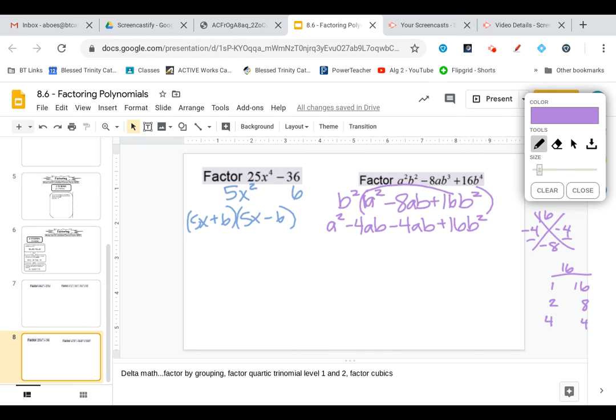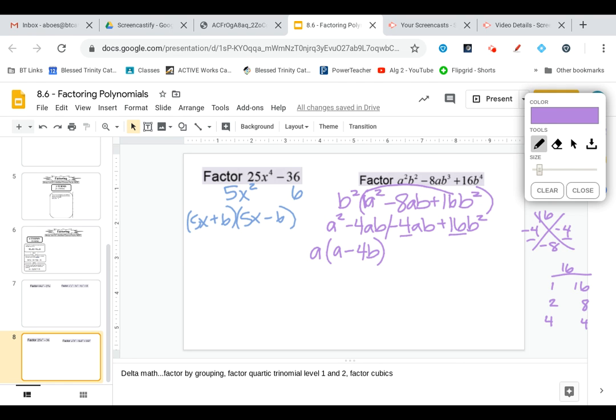Okay, and now factor by grouping. What can go into a squared and minus 4ab? Well, that would be a, and that would leave me with a minus 4b in my first term. And then I go to my second one. What can go into negative 4ab plus 16b squared? Well, 4 can go into both 4 and 16.